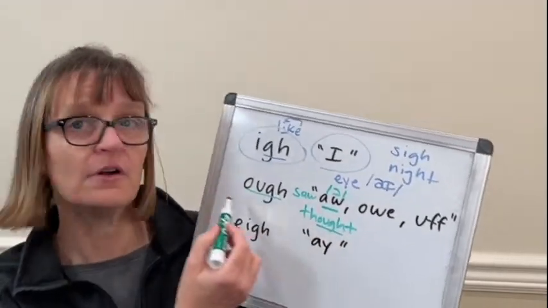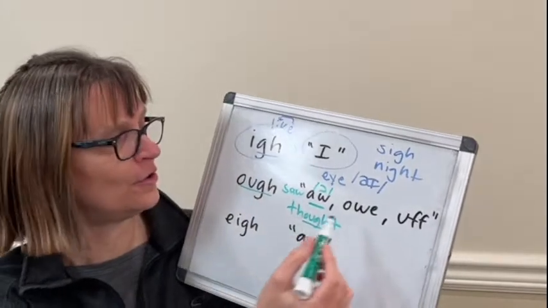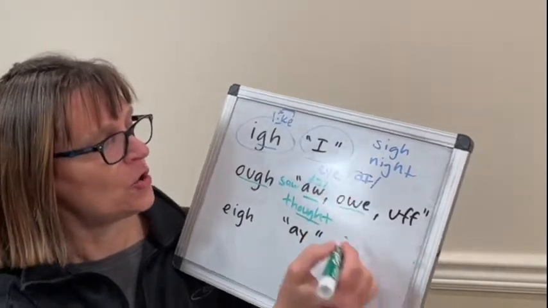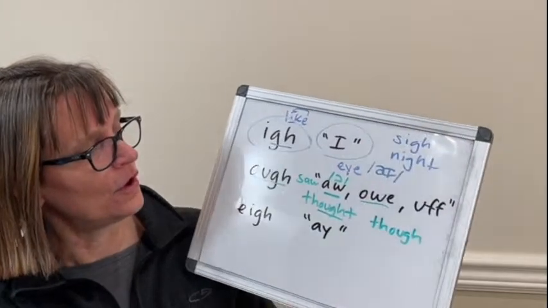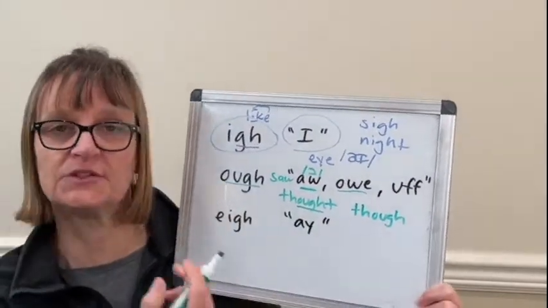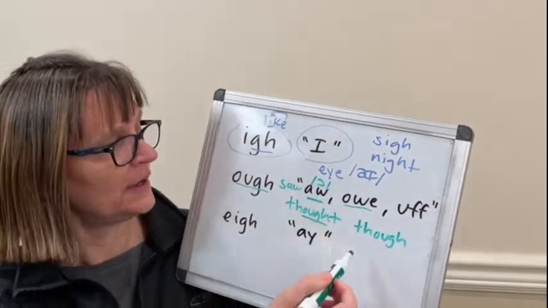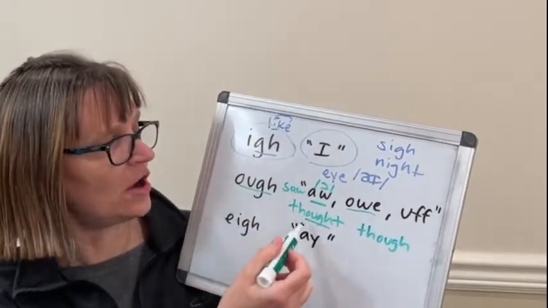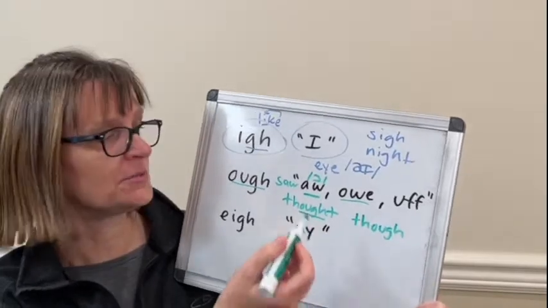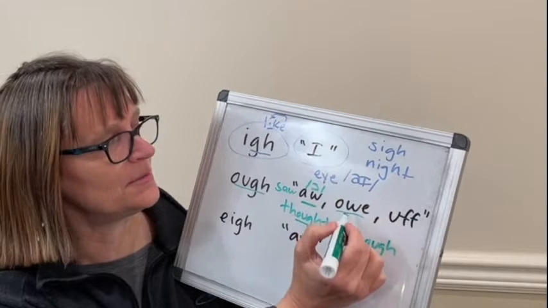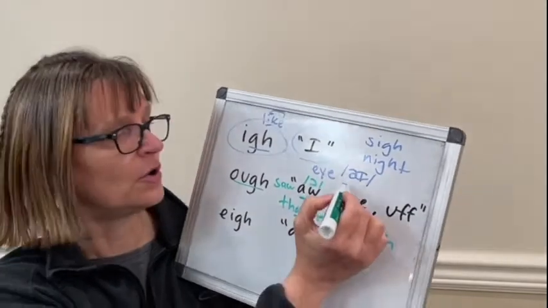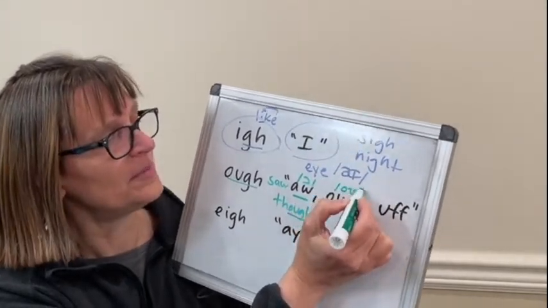Another sound we have for OUGH is the O sound, and that's in words like though. That's a little less common, so it's more often going to be the ah or the uff that we'll talk about in just a moment. But in the word though, and probably a few other words, we have the O diphthong, which is like the word O. The IPA for that is this.